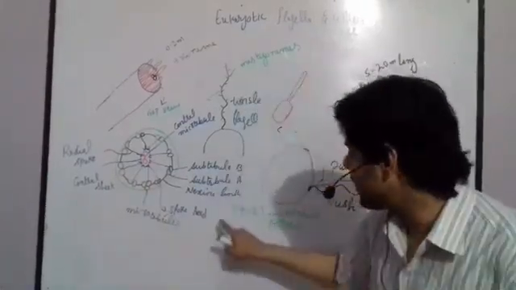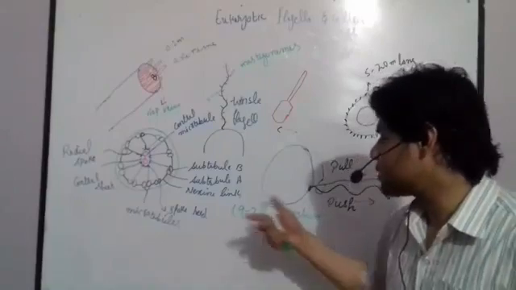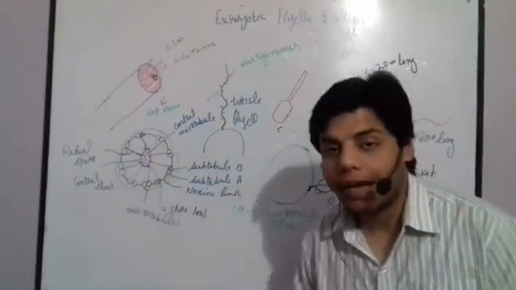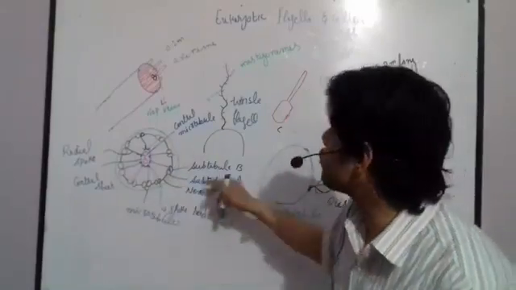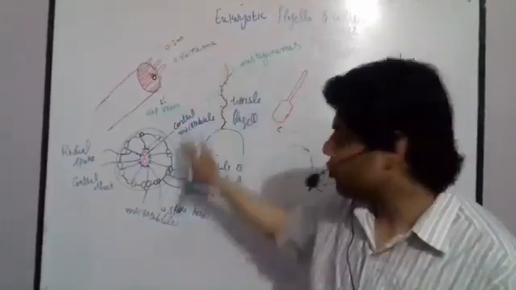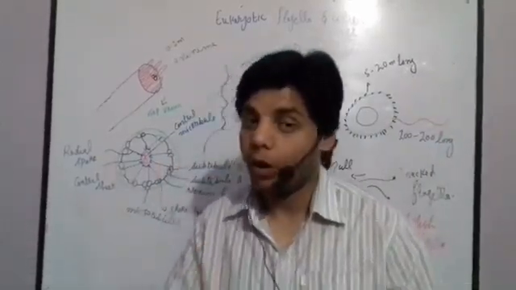So that's why we call it the 9+2 microtubule pattern, and we also call it the axoneme. So that's all about the axoneme and how it looks.